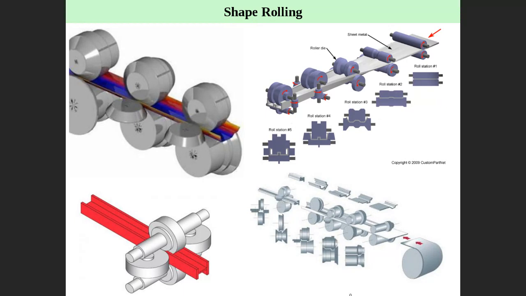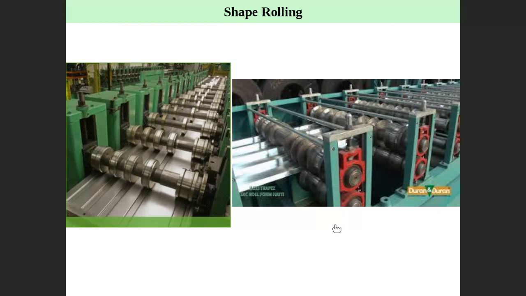This is an actual photo showing a series of rollers. How many? Many. You start with something here, and at the end of the line you get the final desired shape.